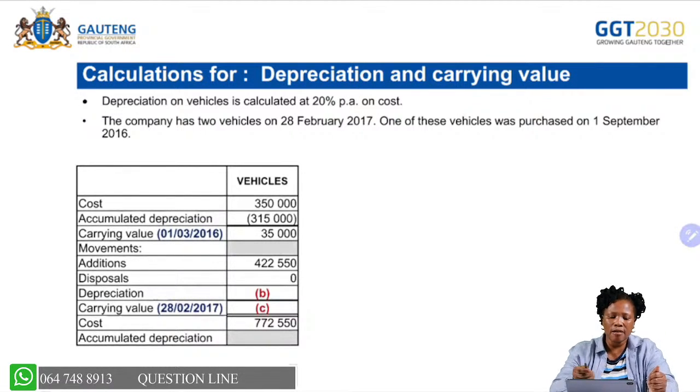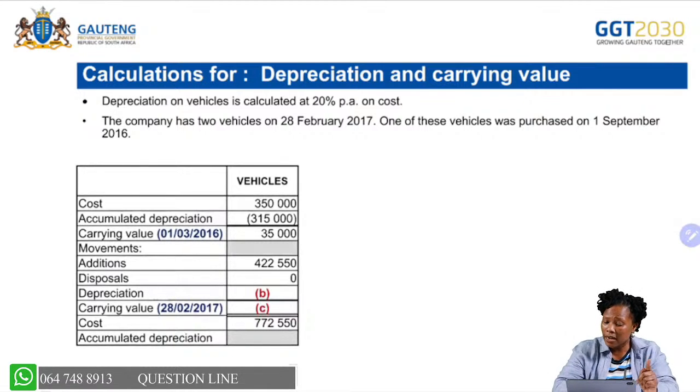When you check here, the depreciation is calculated at 20% per annum on cost. Remember, we are dealing with the vehicles. Normally, your equipment will have a different depreciation, or they will use a different method of depreciating assets from what is used for your vehicles.